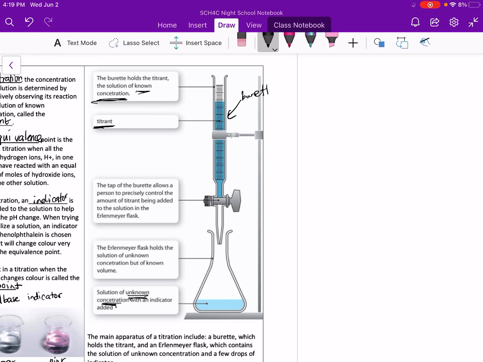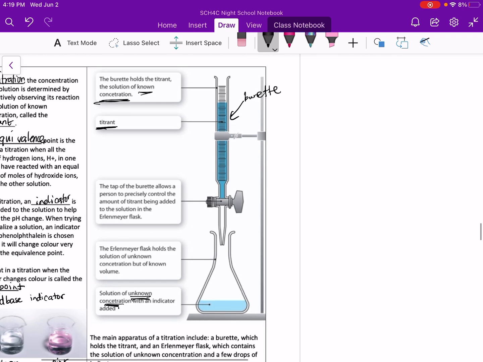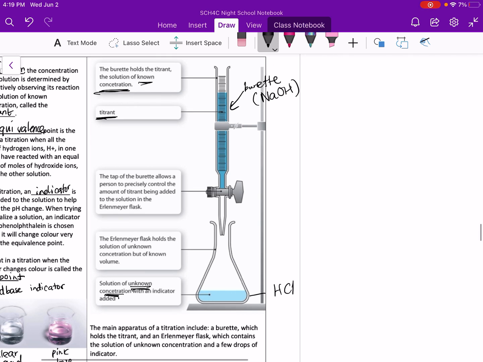So again, this here is called a burette. Inside of the burette, we put a titrant, and this is a little knob that we open and close to let the solution out. In this example, we have NaOH, our base, in our burette. If we want to have this neutralization happen, we would put our HCl here in our Erlenmeyer flask, and we would open the tap to let a certain volume of NaOH in.